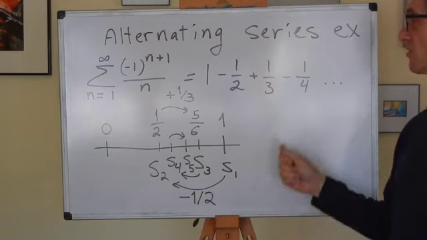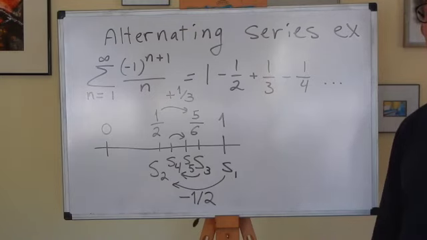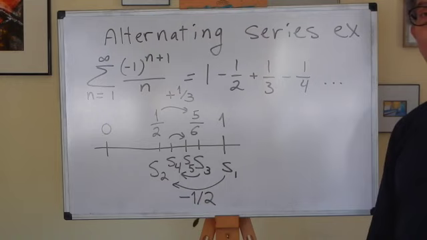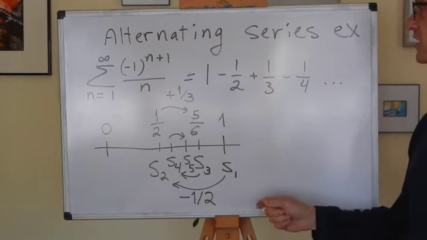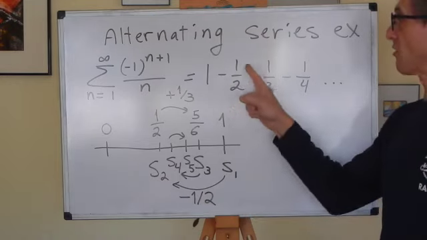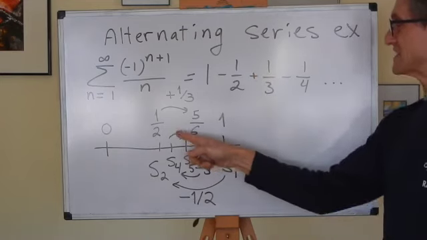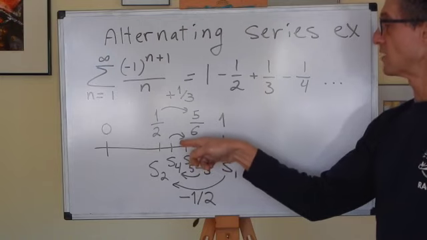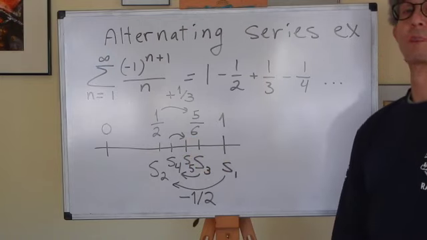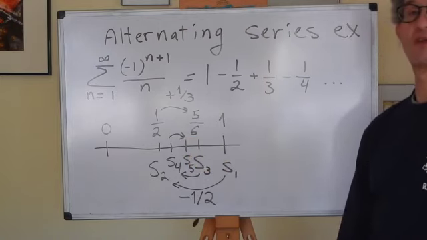And so this is an example of an alternating series and an explanation of the reasons why, with the condition that the series always alternates and that the size of the terms is steadily decreasing, so we're moving closer and closer together, then the series has to converge.